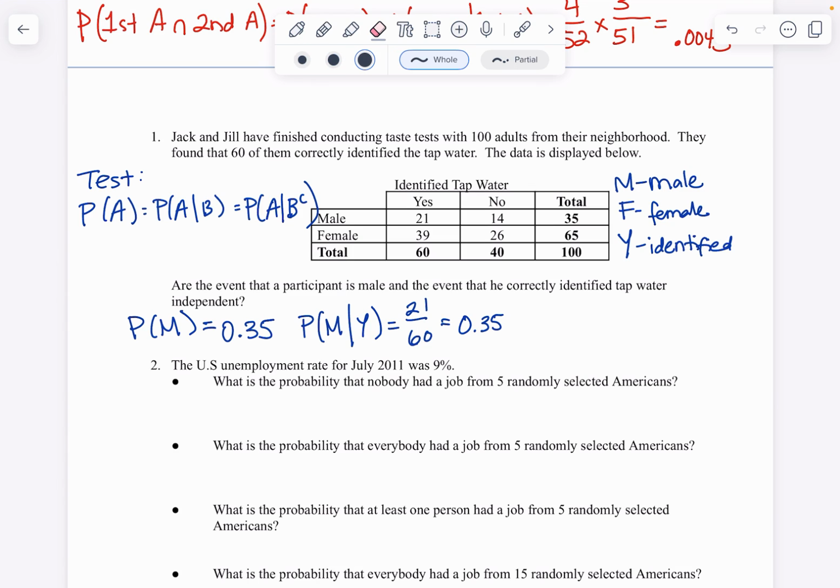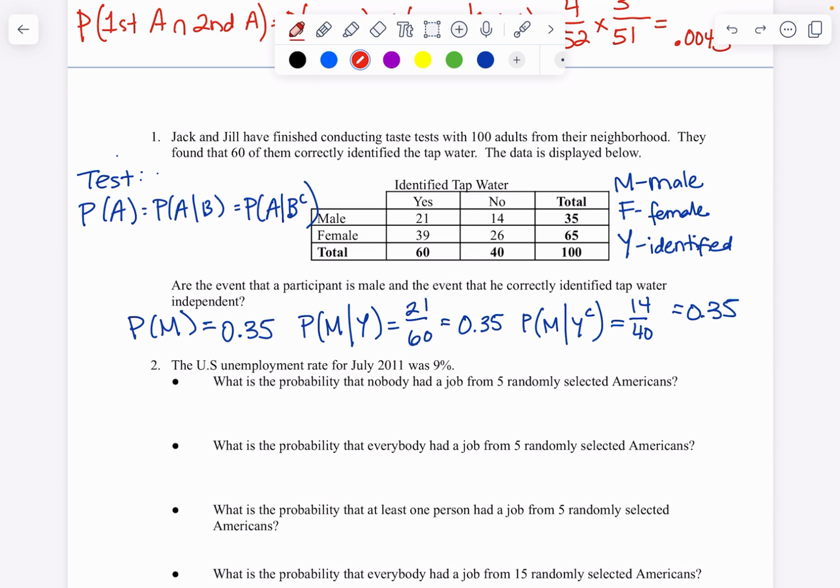We have one last thing to check, which is we need to check that the probability of male given not Y is also 35%. So this time we're going to be looking at this column and see that male out of this condition that they did not identify the tap water correctly is 14 out of 40, which is also 0.35.